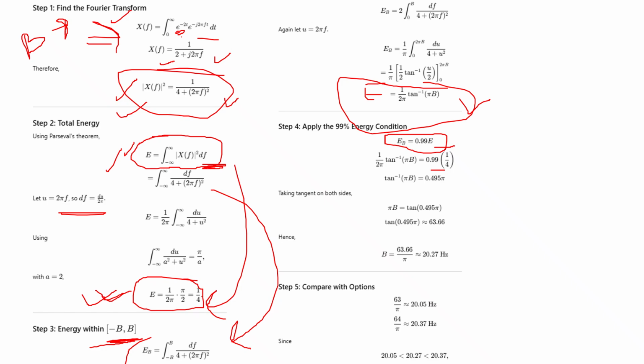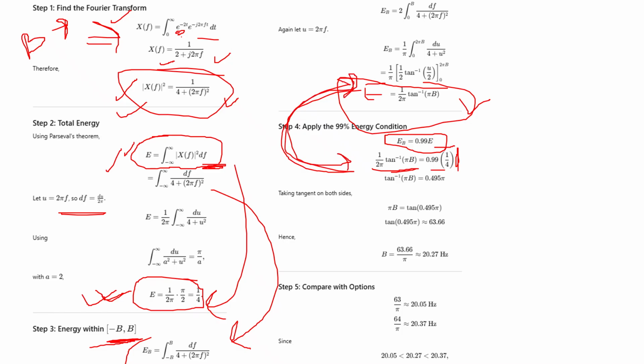What is the value of the total E? That is 1 by 4. So 0.99 into 1 by 4 will be equal to E of B, which we have already calculated here, right?